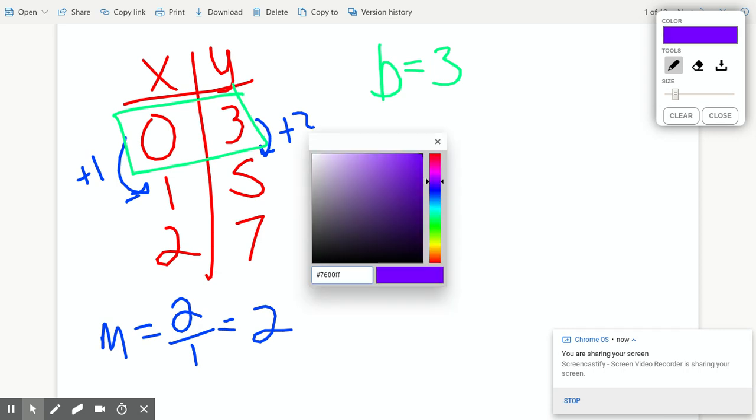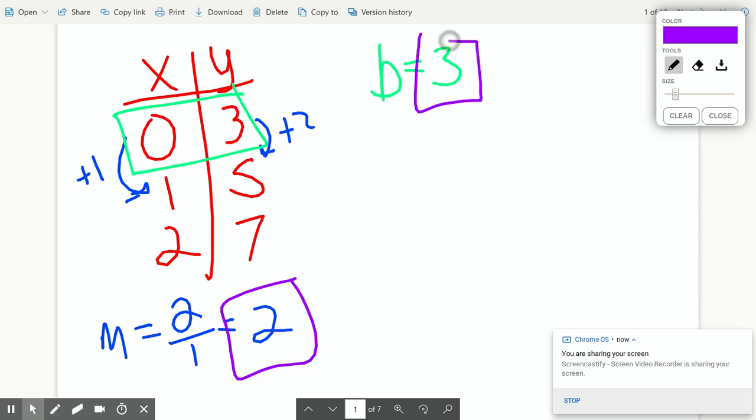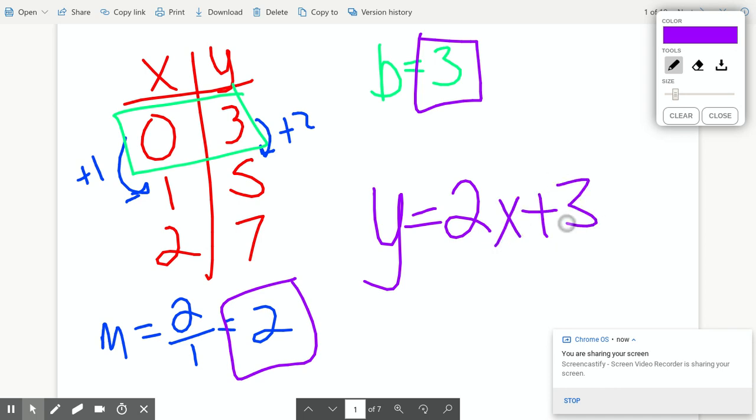So now I have my m, I have my b, so my equation would be y equals 2x plus 3. Now, not all tables are going to give you the y-intercept automatically in it.